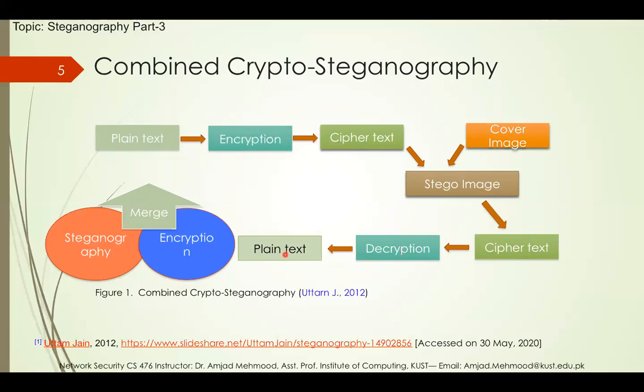If you remember, I gave you an example in my previous lecture, that in steganography, the sender sends the information inside some other information. So normally the intruder will not be able to detect where the information is stored in that information.